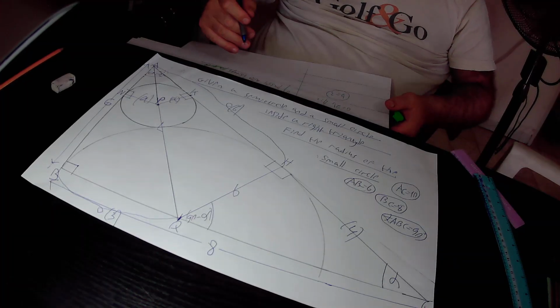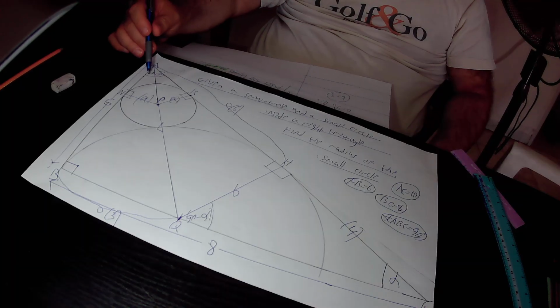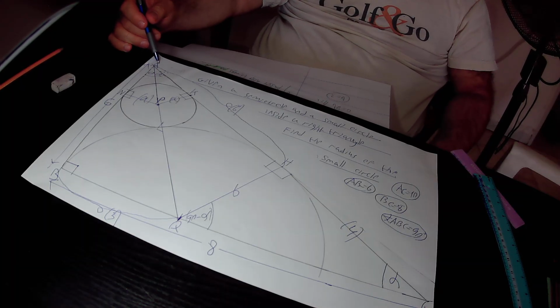And finally, it is very clear that the angle bisector of this angle A passes also through point A. So I write it down.